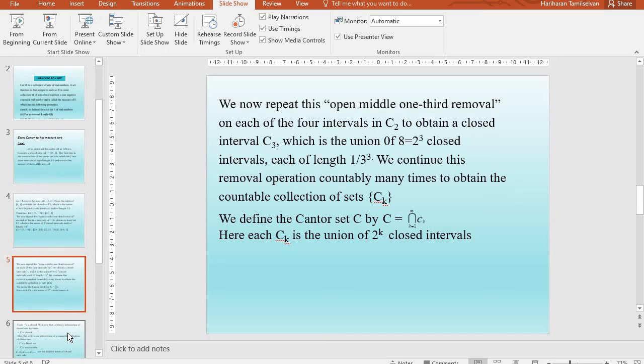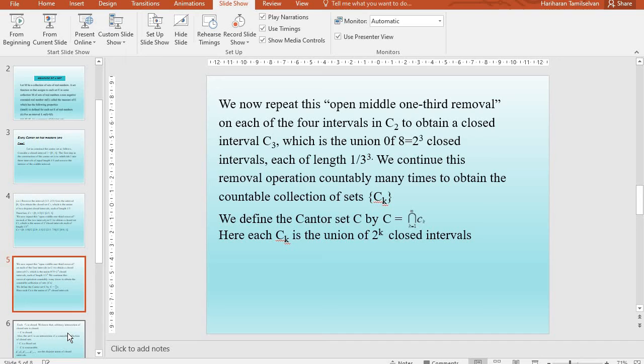Next, we repeat this process of open middle one-third removal on each of the 4 intervals in C2 to obtain a closed set C3, which is nothing but the union of 8 closed intervals, each of length 1/27. We continue this removal operation countably many times to obtain a countable collection of sets C_k.